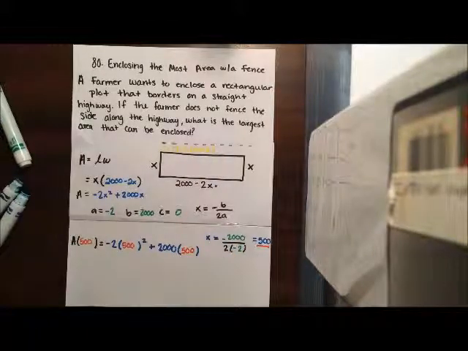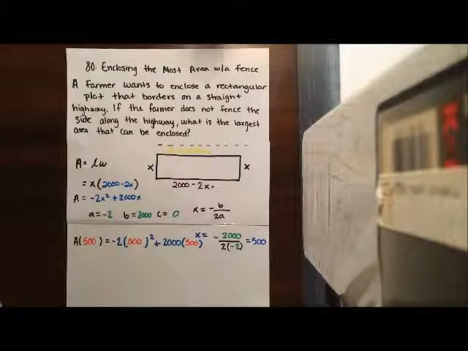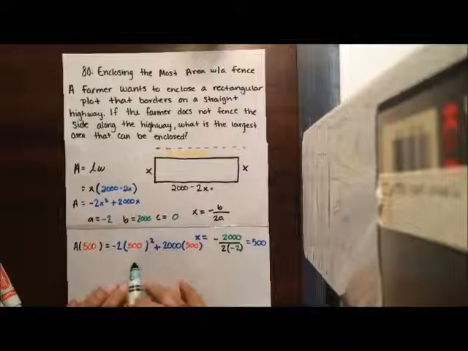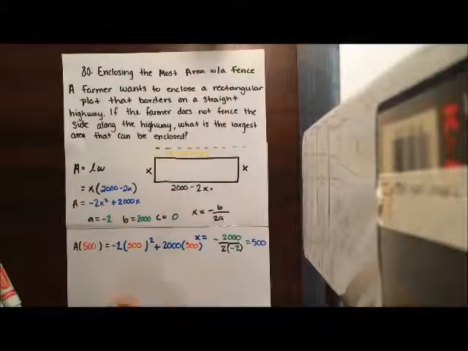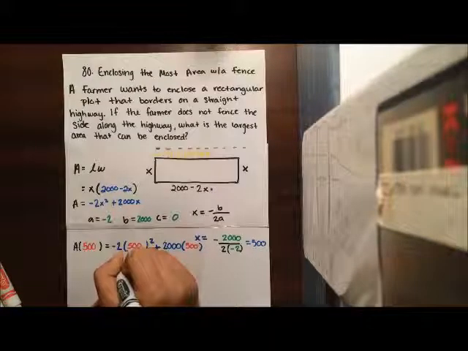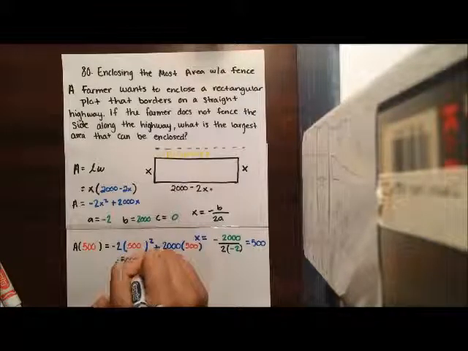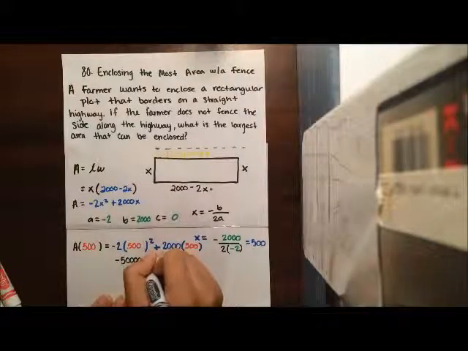So if you want, you can put it in the calculator or you could do it in your head. I prefer to put my equations in the calculator. And once I put them in the calculator, once I squared 500, I got 250,000. And then I multiplied it by negative 2, and I got negative 500,000.